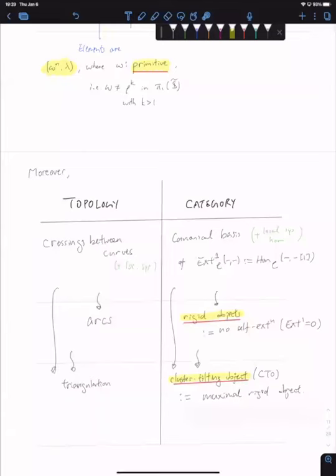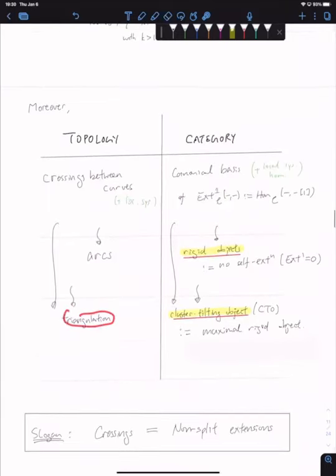So you can also combine these two to get a correspondence between triangulations and what is called a cluster tilting object. Yesterday in Peter Jorgensen's talk, you have seen a definition of cluster tilting object, but I will not use that definition because my category is thankfully 2-Calabi-Yau, so I can use this more convenient definition, which is a maximal rigid object. If you think about the meaning in topology, this is really the same. A triangulation is a maximal collection of pairwise non-crossing arcs, so this becomes a maximal rigid object.